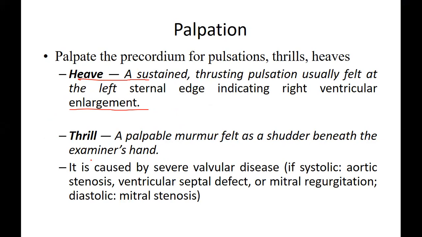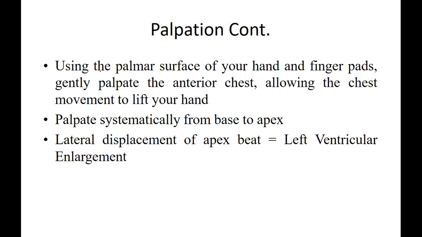If this is a systolic thrill, your patient may have aortic stenosis, ventricular septal defect, or mitral regurgitation. If you feel the thrill in diastole, it's a diastolic thrill, and it might be due to mitral stenosis.